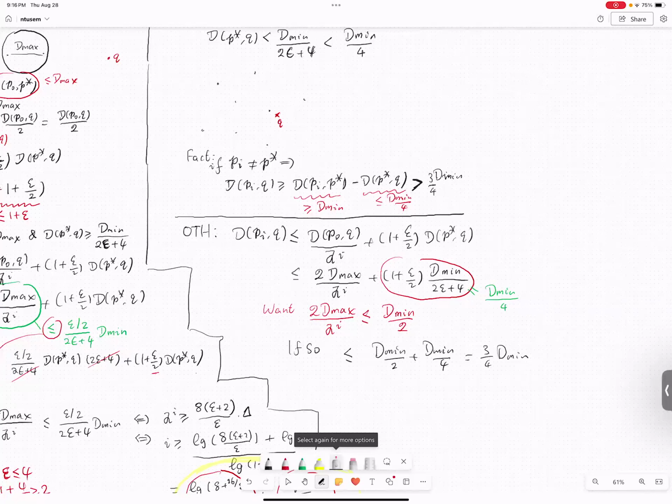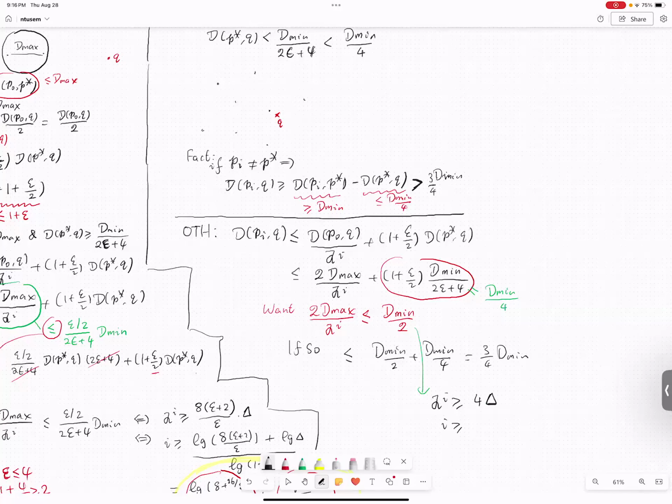Good, so now we are close to success. All that remains is to find a value of i to make sure that this holds, but this is pretty easy. Let's see what this inequality tells us. It essentially says alpha to the power of i would have to be at least 4 times d max over d min, which is just 4 delta.